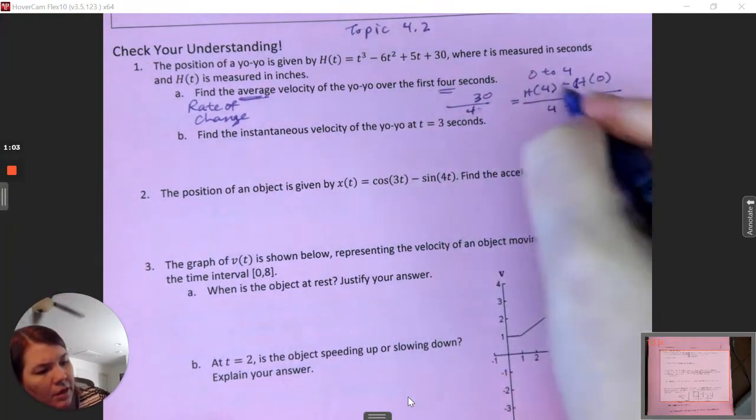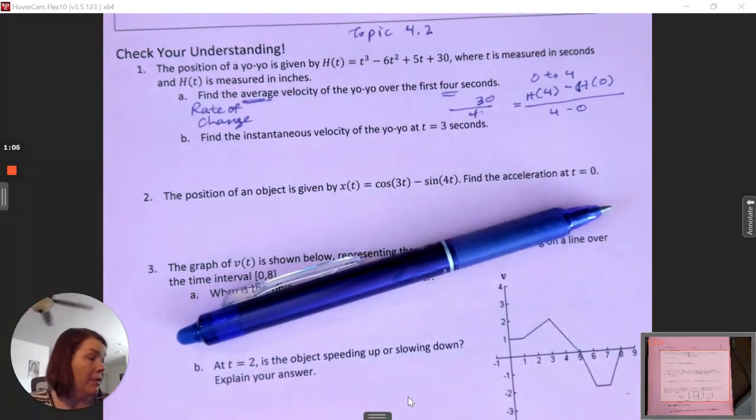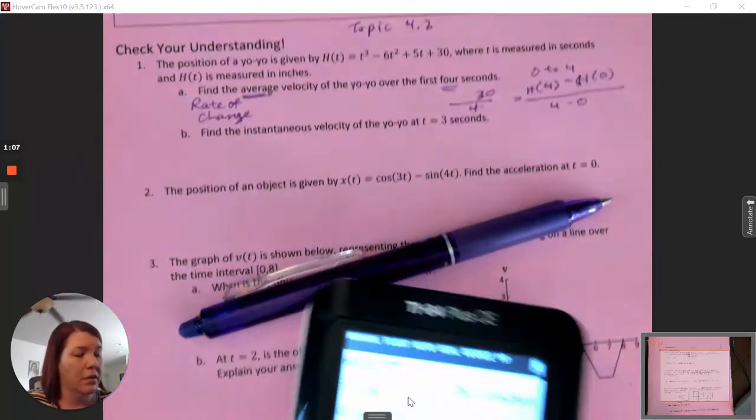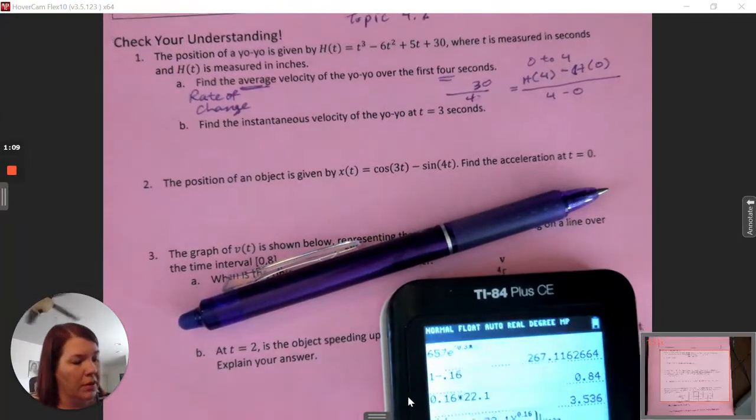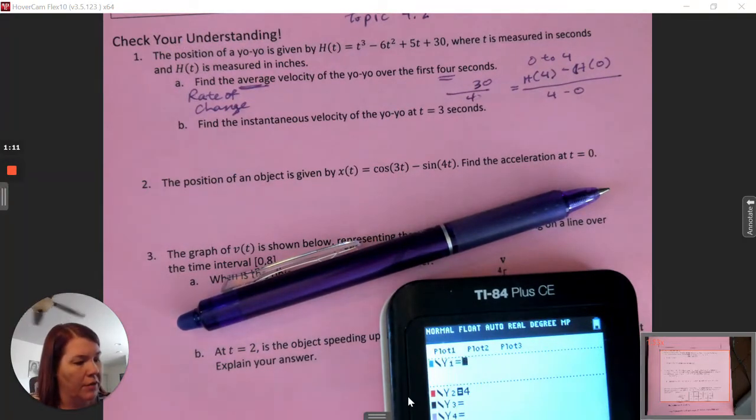And then if I plug in 4, I'm going to let my calculator handle that one for me. The easiest thing for me is to put the equation in once, just in case I need it again. So I'm going to have t to the third power minus 6t squared plus 5t plus 30.